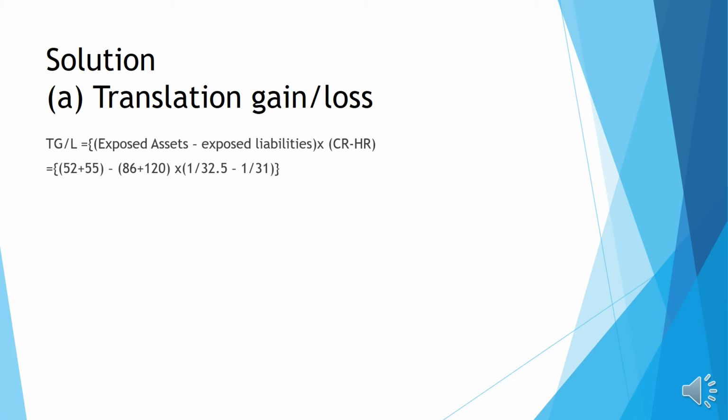We have 52 from the balance sheet, one is cash, the other one is receivables, 55. Then minus 86, which is current liabilities, and then 120 long-term debt, bonds.